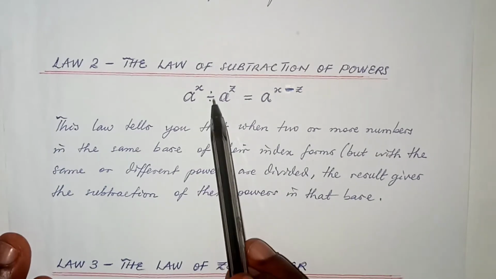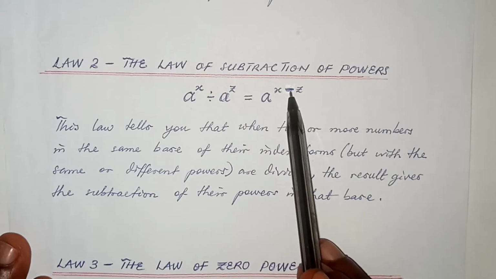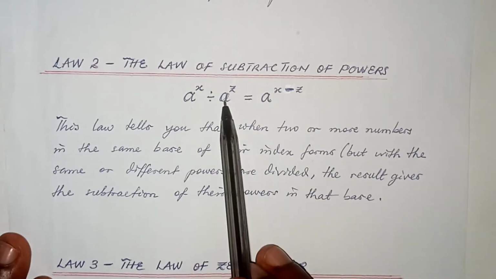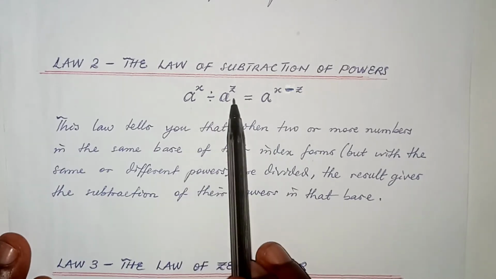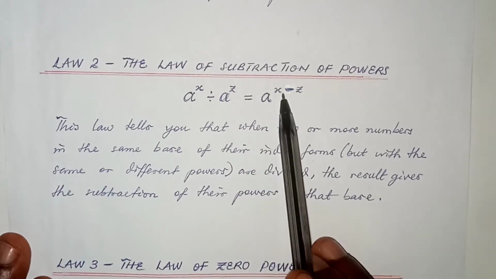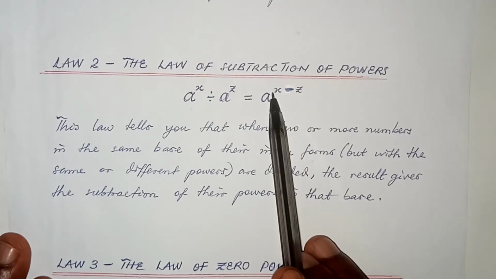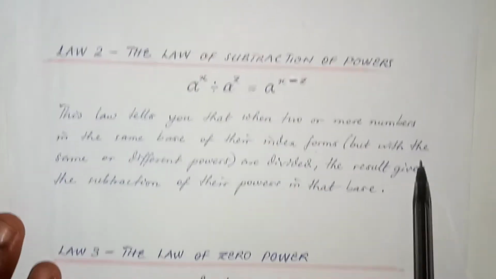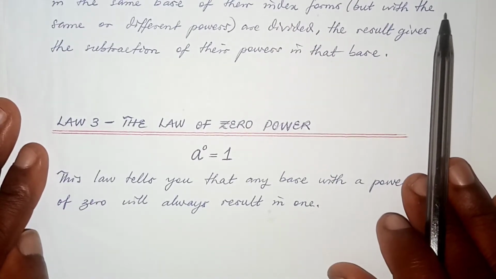So a raised to power x divided by a raised to power z will return a raised to power x minus z, provided the bases are the same and there is a division of one of those numbers by the other. Then the result is the base raised to the subtraction of the denominator's power from the numerator's power.